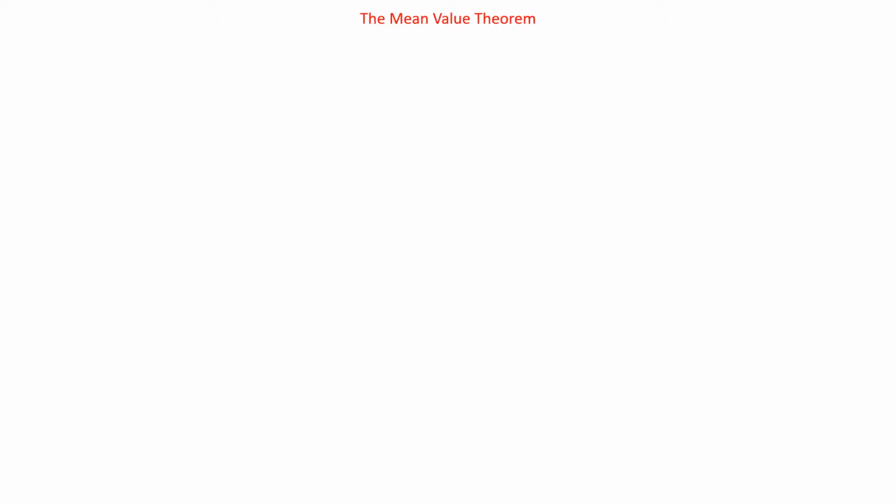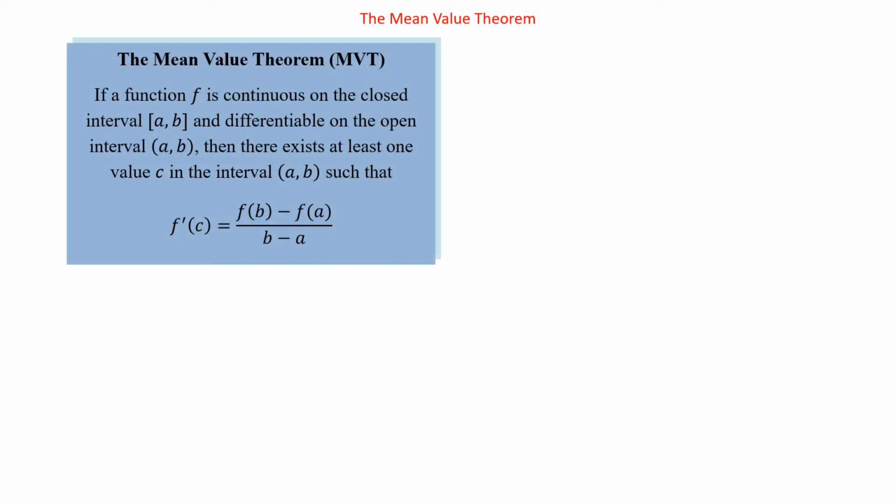So first of all, what is the mean value theorem? The mean value theorem says that if a function f is continuous on the closed interval and differentiable on the open interval, then there exists at least one value c in the interval (a, b) such that the derivative equals the slope of that tangent line. So what does this mean?